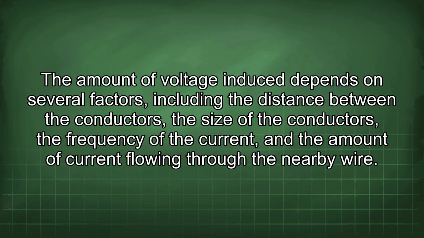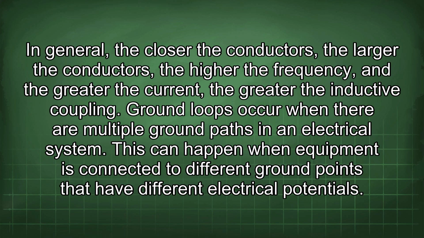The amount of voltage induced depends on several factors, including the distance between the conductors, the size of the conductors, the frequency of the current, and the amount of current flowing through the nearby wire. In general, the closer the conductors, the larger the conductors, the higher the frequency, and the greater the current, the greater the inductive coupling.